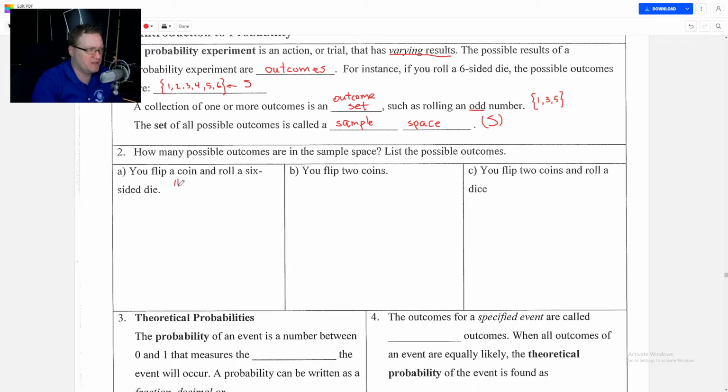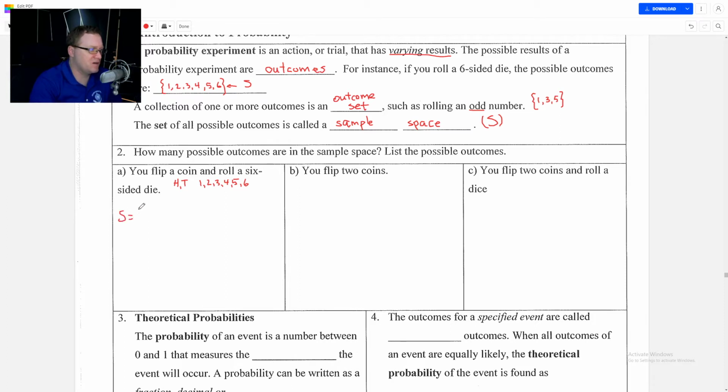You could get heads, which I'll write as H, or you get tails, which I'll write as T. And we're going to roll a 6-sided die. We've already said that the possible outcomes for that are 1, 2, 3, 4, 5, and 6.